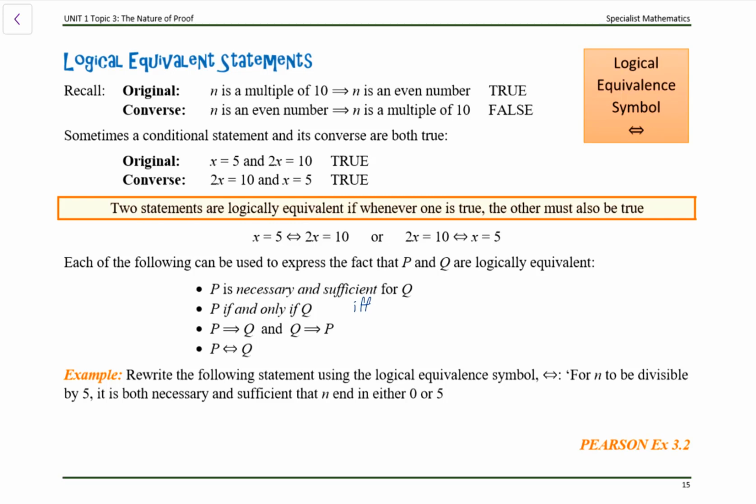So we've got n is divisible by 5, our logical equivalent symbol, n ends in 0 or 5. So if n is divisible by 5, it has to end in 0 or 5. Or if n ends in 0 or 5, it has to be divisible by 5.